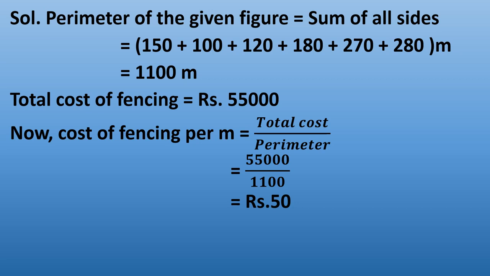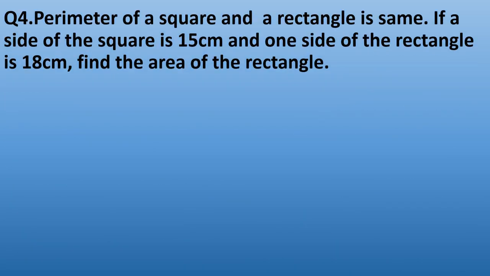Now the total cost, meaning the cost of many, is given, and you have to find the cost of one per meter. So in this case we will divide. Total cost divided by perimeter, 55,000 divided by 1100, is equal to rupees 50. So rupees 50 is the cost of 1 meter of fencing.